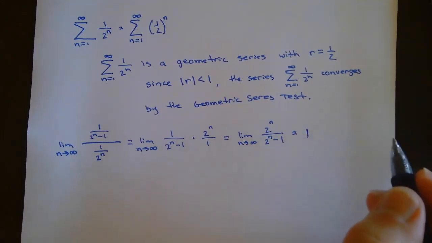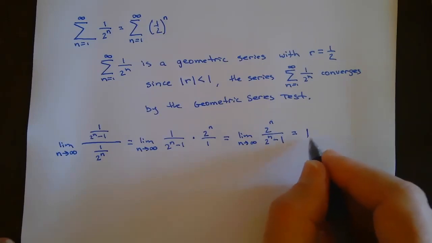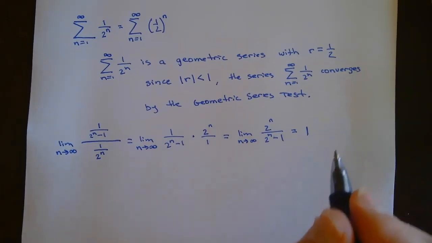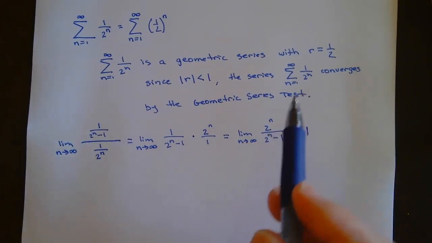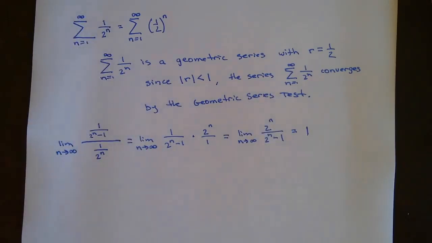So what does that tell us? If we do this limit comparison test and it comes out to be a positive number like this, that tells us they behave the same way. What did we know about the series we were comparing it to? It was converging, so our series must also converge.